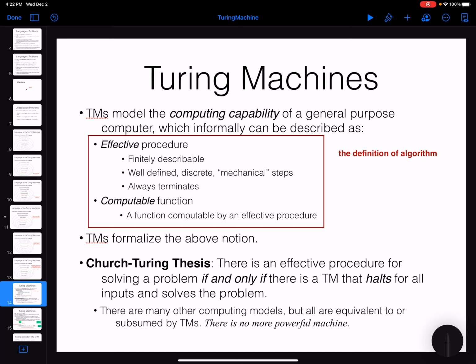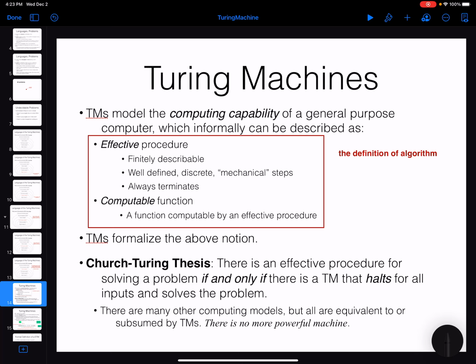So when we are saying to write an algorithm, your procedure, that set of instructions, should be effective, which has these three properties. You should be able to describe it in a finite number of steps. All steps should be well defined, those mechanical steps, those simple instructions that can be done on a computer, and it should terminate.